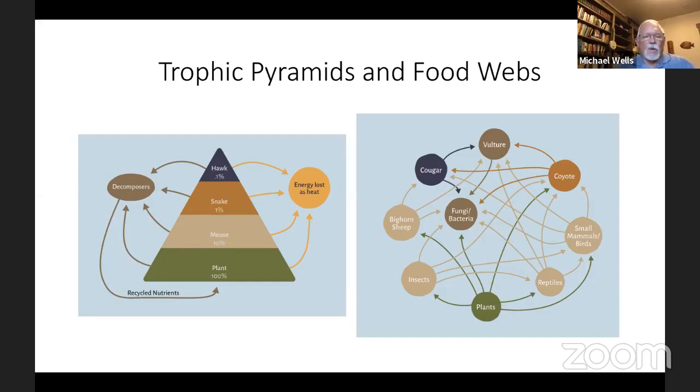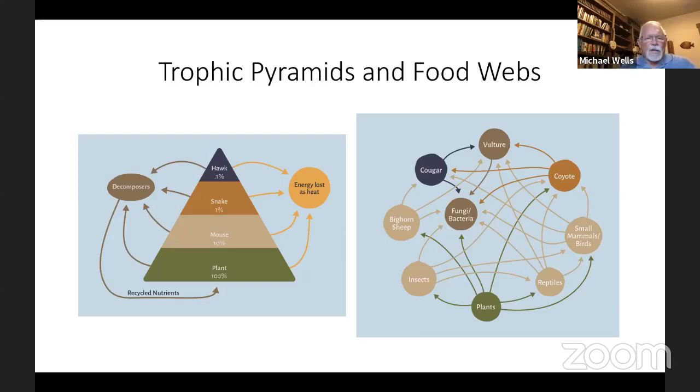And so as we go up in a trophic pyramid, there's less biomass produced at each level above, because a lot of the energy that's absorbed by eating food gets used up as energy, and also because of inefficient energy transport. So only about 10% of the food energy at each level in a trophic pyramid is transferred to the next one.